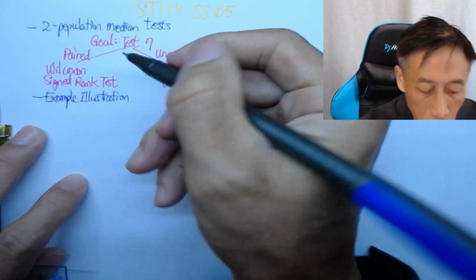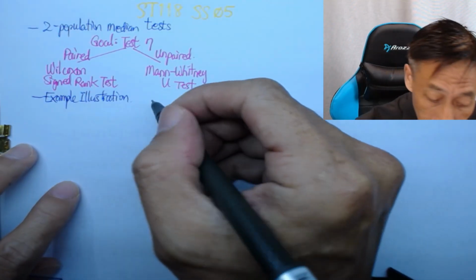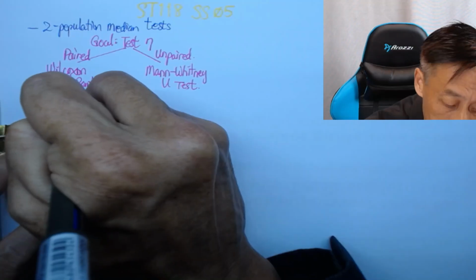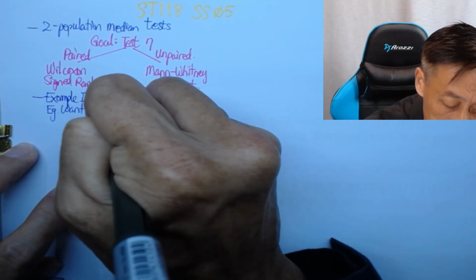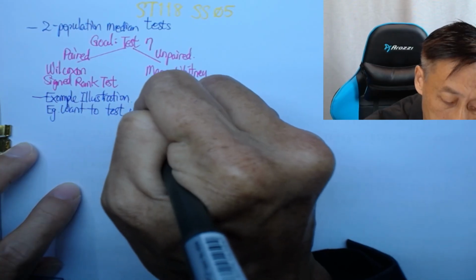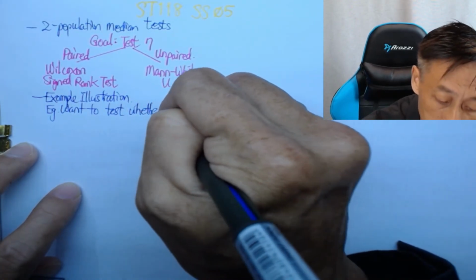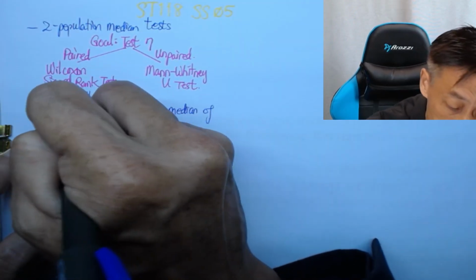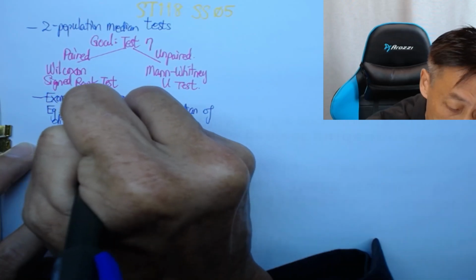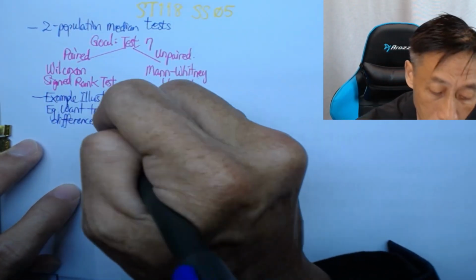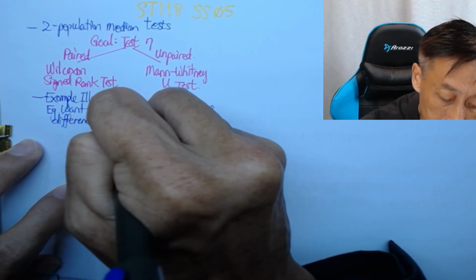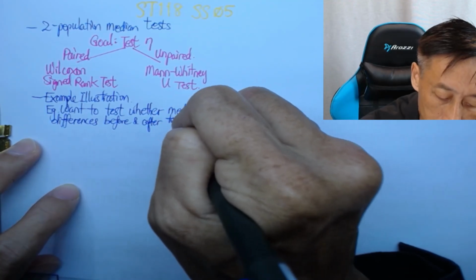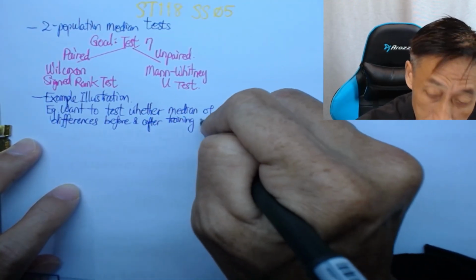Say for example, we want to test whether the median of differences before and after training is 0.